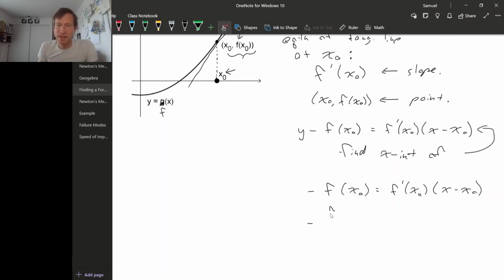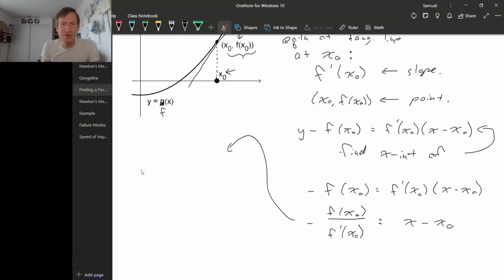So minus f of x sub 0 over f prime of x sub 0 equals x minus x sub 0. And then move this x sub 0 to the other side. So we get x equals x sub 0 minus f of x sub 0 over f prime of x sub 0.